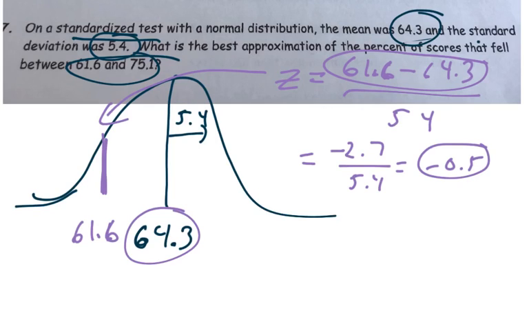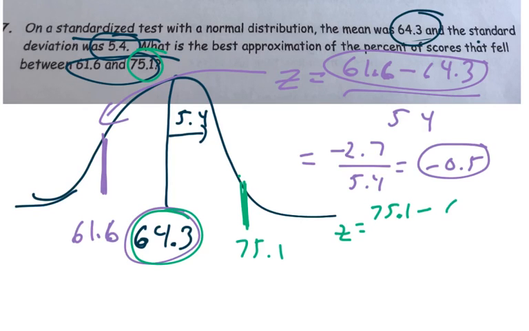Now let's go ahead and do the z-score in green for the 75.1. By the way, 75.1 would definitely be above the mean. It'll be up here somewhere, actually probably a little bit higher. But let's see here. I know the z-score for 75.1 will be 75.1 minus our mean, divided by the standard deviation.